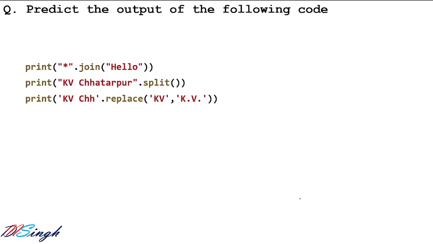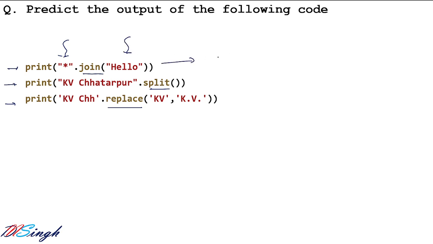Okay, let's move to the next question. Predict the output of the following code. So here you have three print statements, and there are three functions which are associated with strings. What will the join function do? The join function will put this string after each element of the string passed inside the join function as an argument.